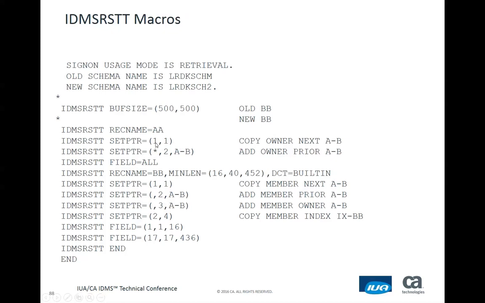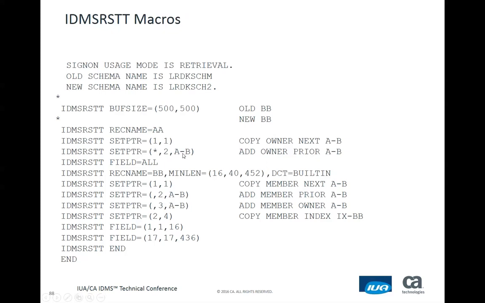This first statement tells us that position 1 in the old record is going to be moved to position 2 in the new record. We're adding the prior pointer, and it's being added into an owner record. So the set pointer is going to specify an asterisk because it's in the owner record. It's going to put it in position 2 in the prefix for the AA record, and it's specifying the name of the set that's being involved.